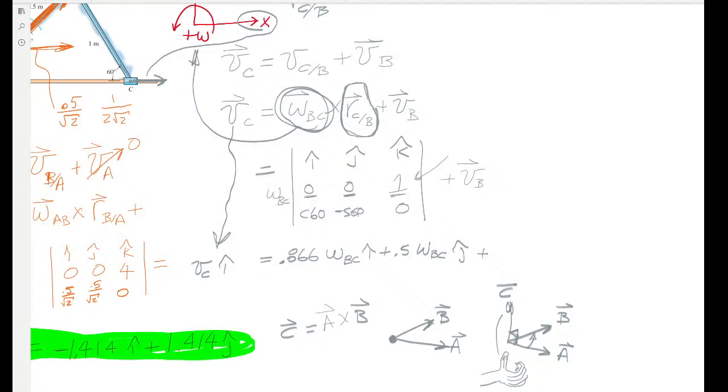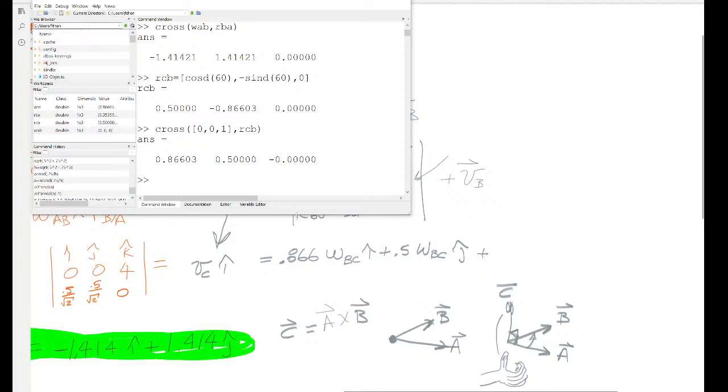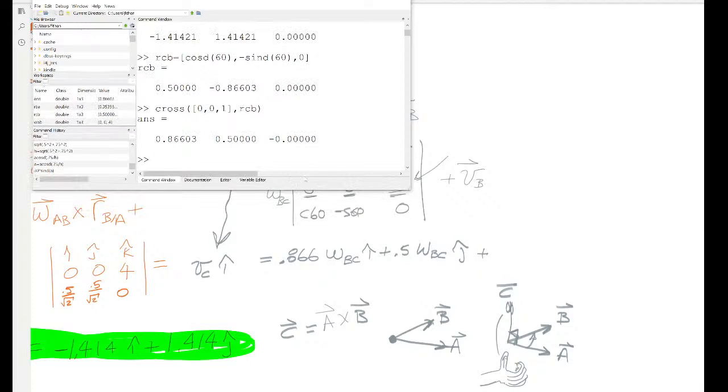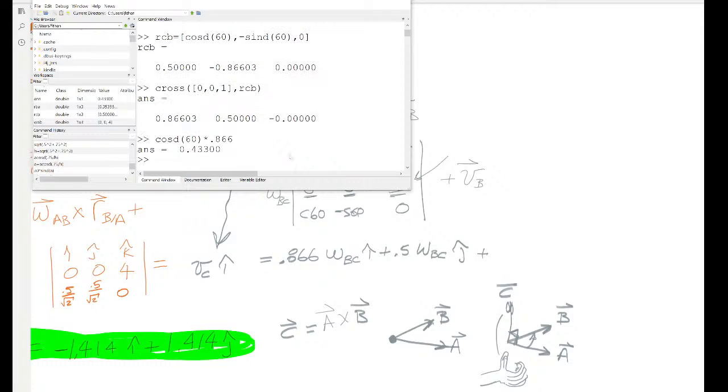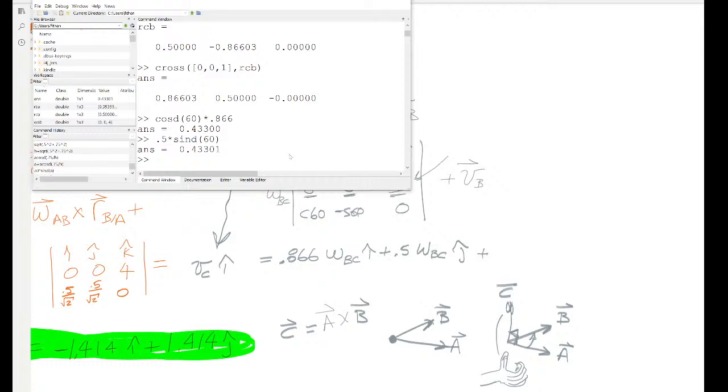If you went in and went to Octave, MATLAB, whatever you want to call it, and said cosine degree of 60 times 0.866, is that the same thing as 0.5 times the sine in degrees of 60? Well, it turns out it is.